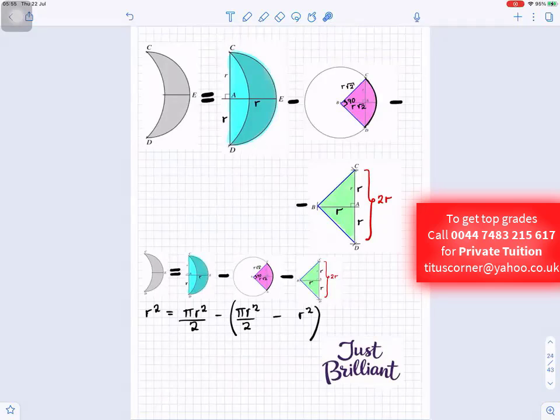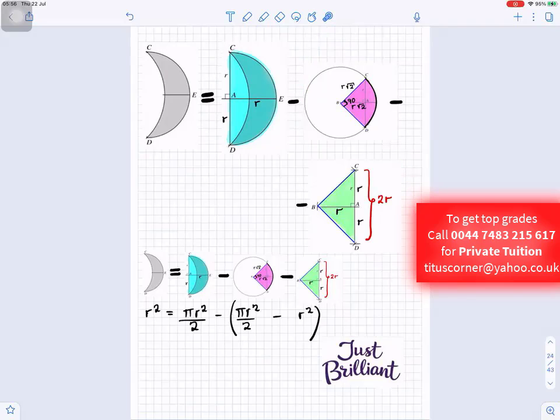If you were to cut it out on a paper and put it together, this is what it looks like. So the area of that shaded part is, you want the area of half a circle. So you want to remove the sector, minus the area of the triangle. So this one can be in a bracket.